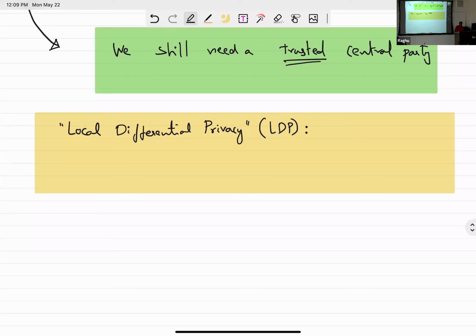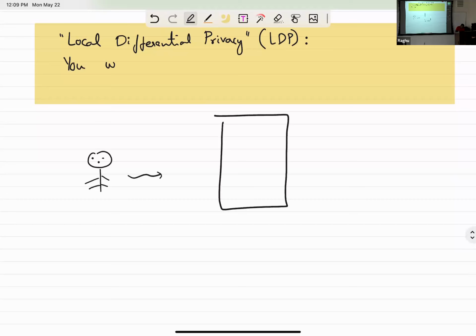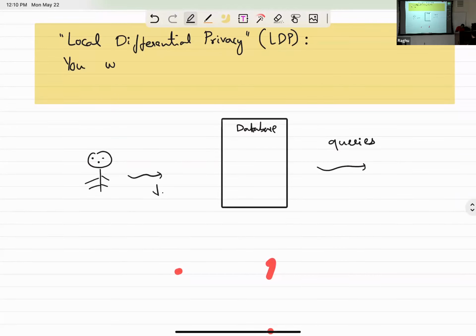Okay. So here, maybe let me draw a picture. You have the user, and then there is the database, and there are the queries, let's say, but you want privacy here.